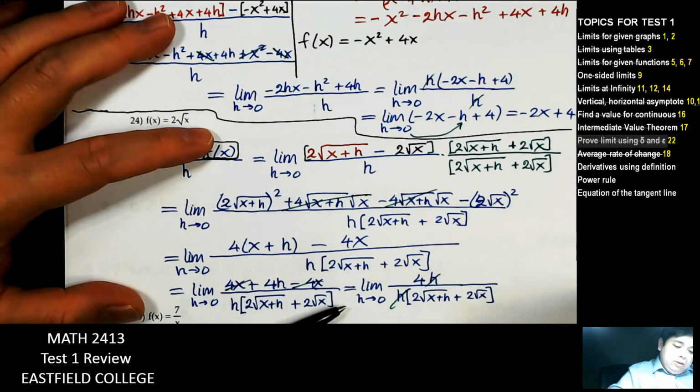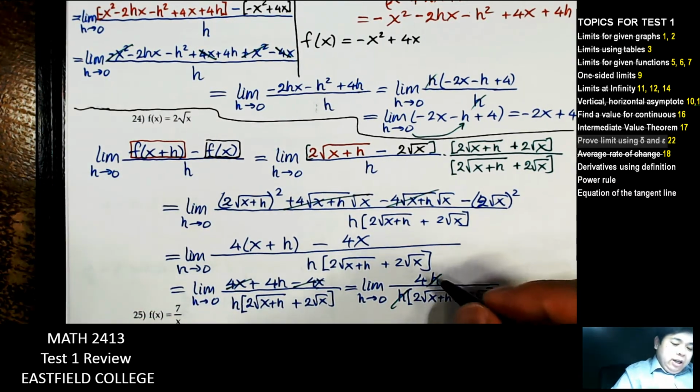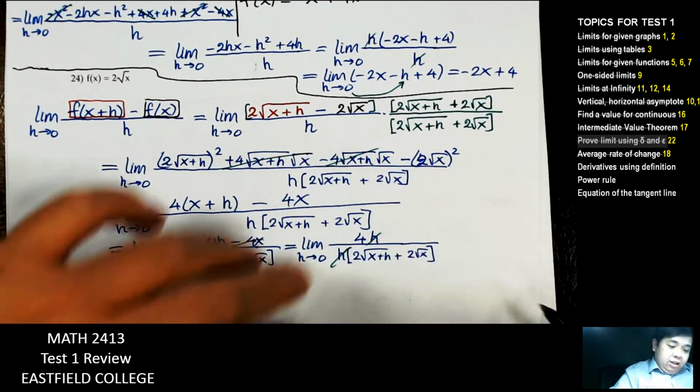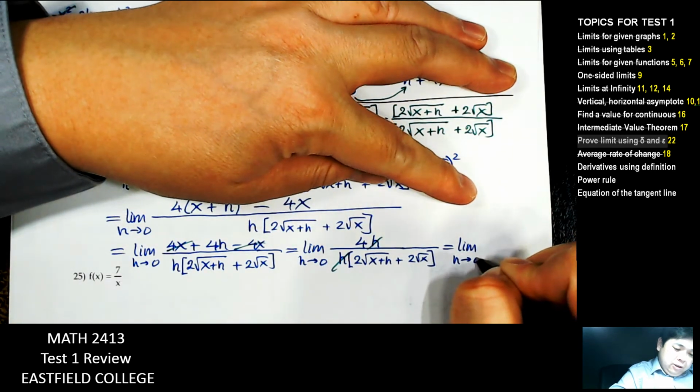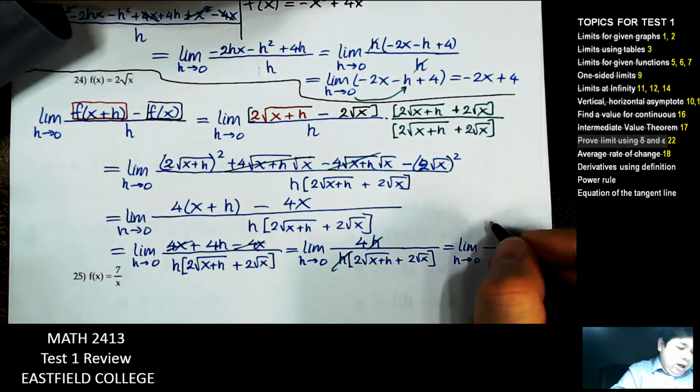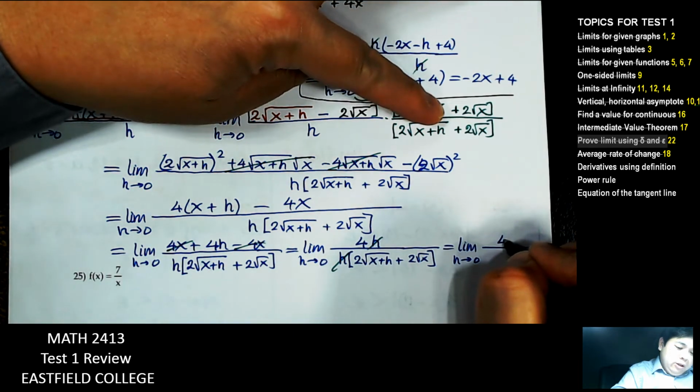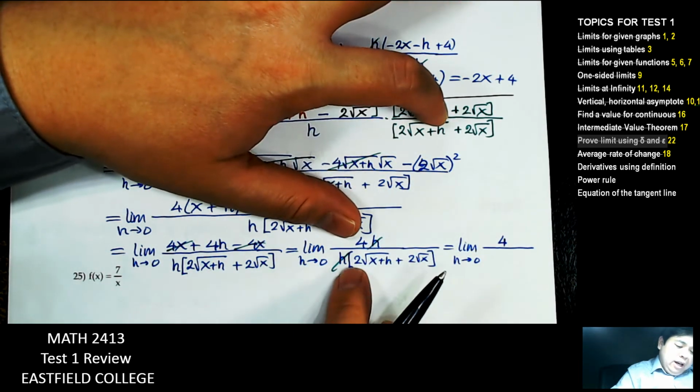That cancels, and we just have that. So we have 4, and now we have just that.